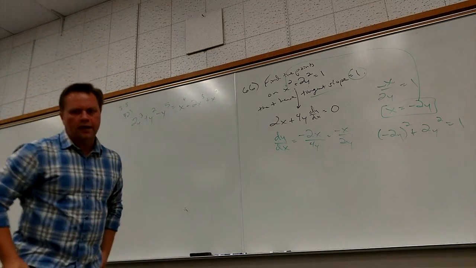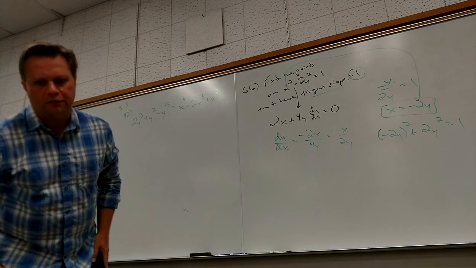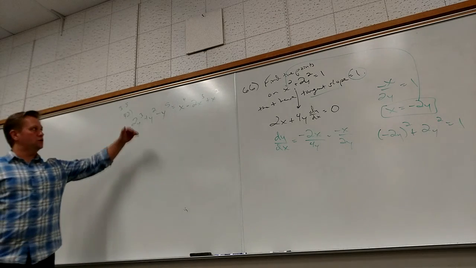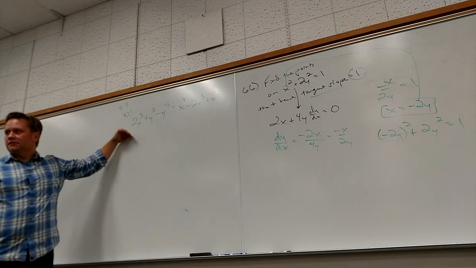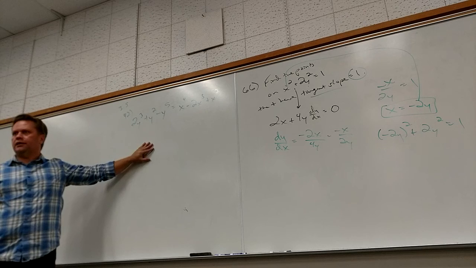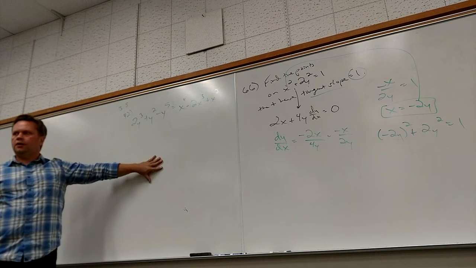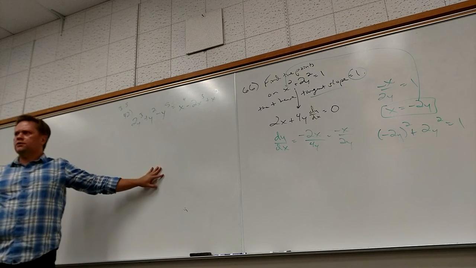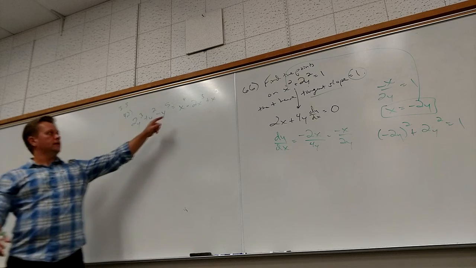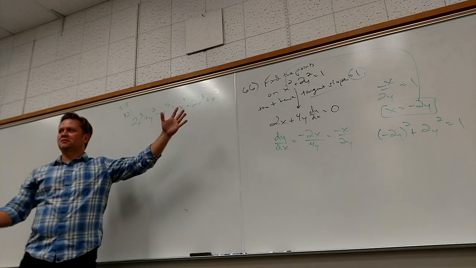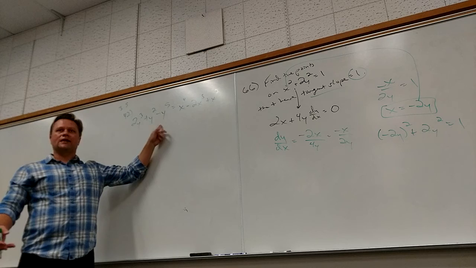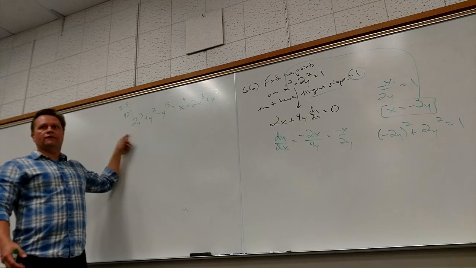So part B says, how many points does this curve have horizontal tangent lines? So that means you have to do what with this? Take a derivative, find dy dx, and then set it to 0. Now the nice thing is this side's all x's, and this side's all y's. And what's nice about that is this is the side that's going to have dy stuff.